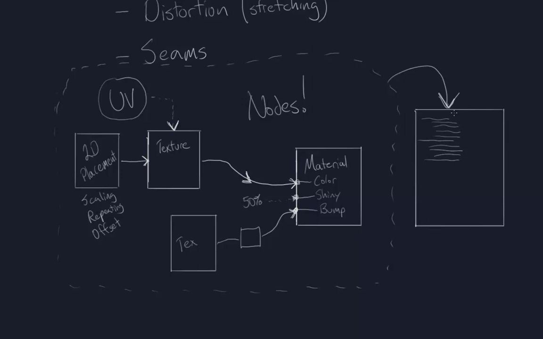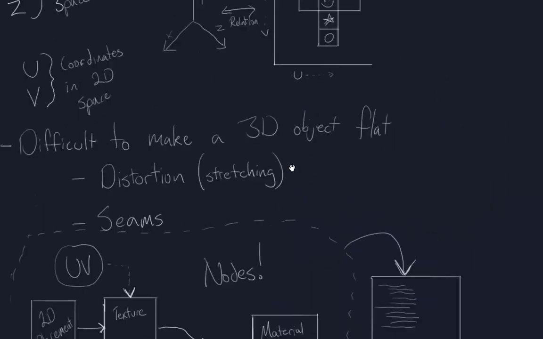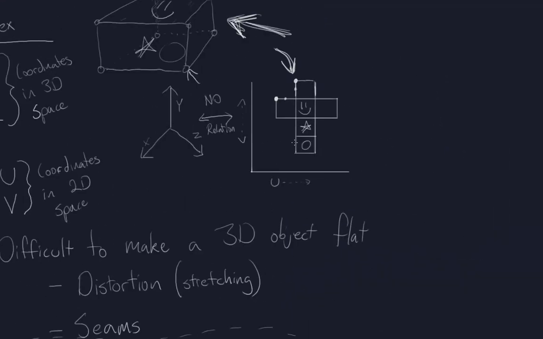All right, is the 2D placement tied in some way to the UV, looking at the nodes? Not really. The 2D placement is sort of a separate way to handle this. It's kind of like just a beneficial addition to the system. For instance, let's say we're not trying to be so precise here.